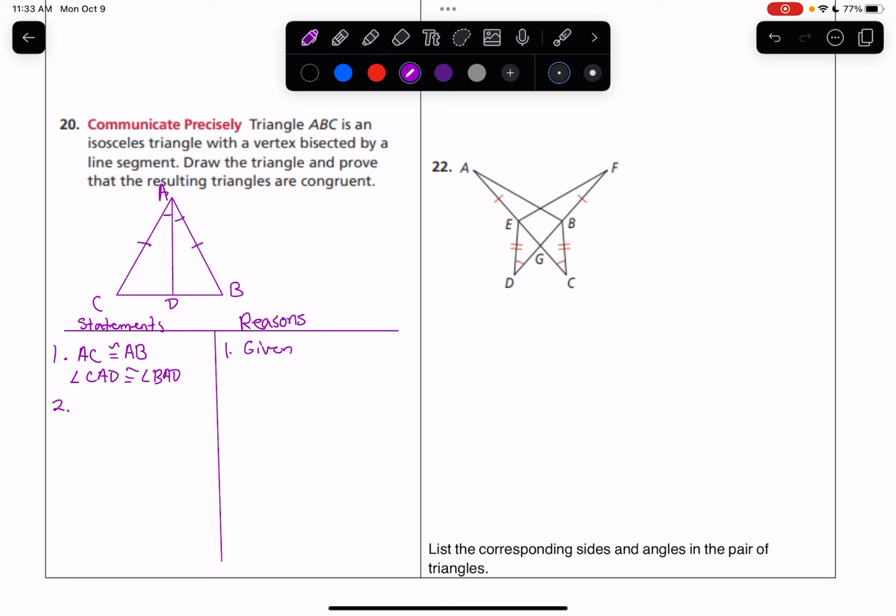I know that AD is congruent to itself. So is that going to help me? You know, there are ways that it could help me. I'll use that. AD, not angle AD. AD is congruent to AD by the reflexive property.